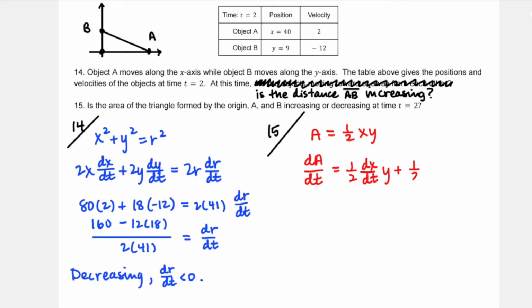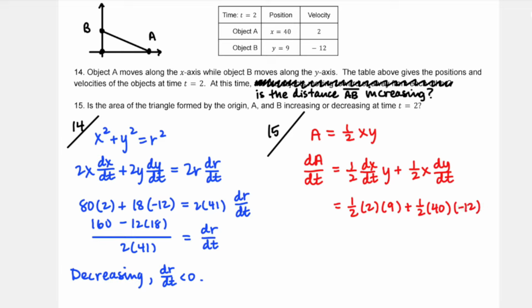Then leave 1/2 x the same and take the derivative of y. So we will plug in the pieces: 1/2 dx dt was 2 and y was 9, plus 1/2 x was 40 and dy dt was negative 12.